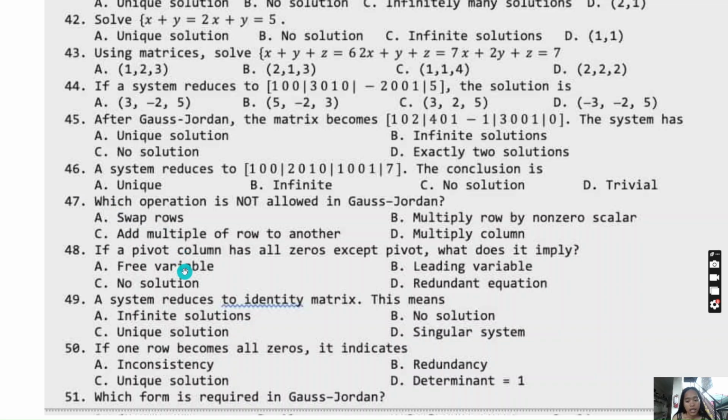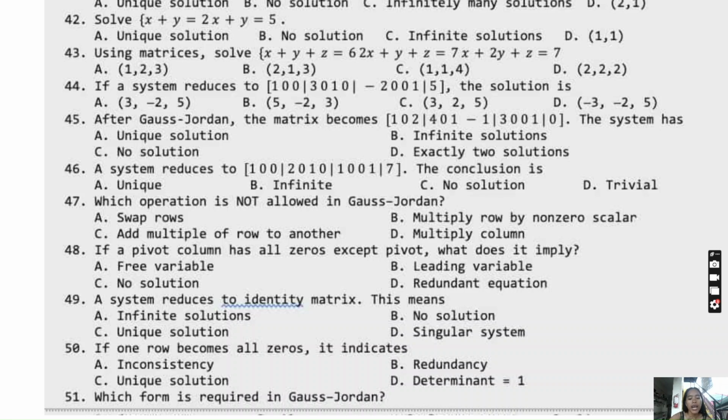So the matrix means x is equal to 2, y is equal to 1, and z is equal to 7. Each variable has a pivot, and there are no contradictions and no free variables. That means there is exactly one solution. So that is unique. That is why our answer is letter A.